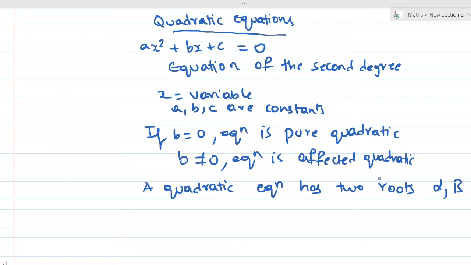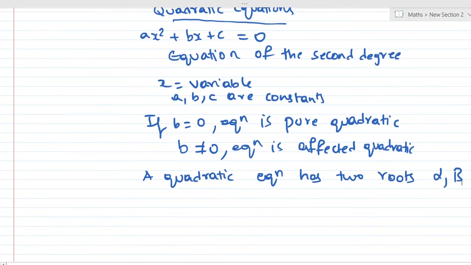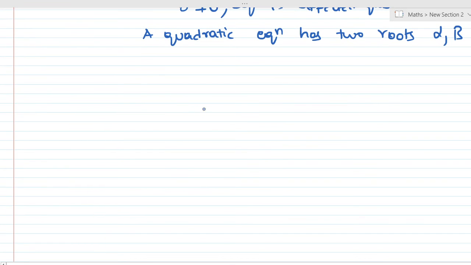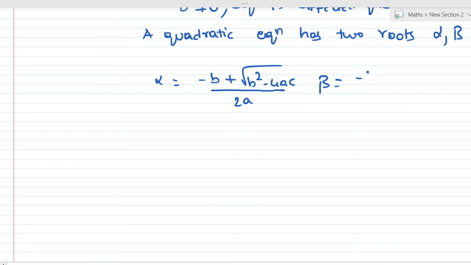In order to find the roots, we have a certain formula. Alpha we call it as minus b plus root of b square minus 4ac by 2a. Beta is minus b minus root of b square minus 4ac by 2a.